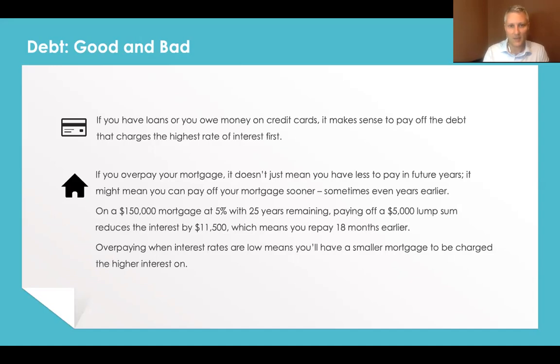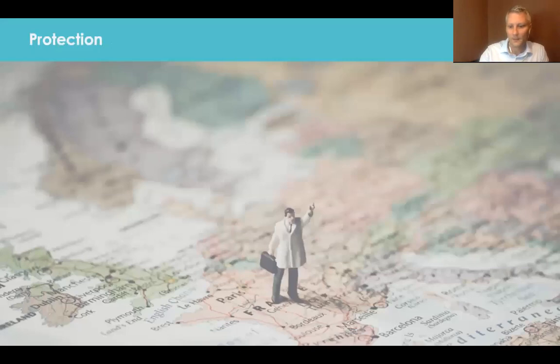You could always overpay your mortgage, just understanding, okay, whether or not that fits in with your desire or your goals. But normally paying off bad debt is important. If you have credit cards as an expat, they give you great miles and they give you great benefits. Just make sure you pay them at the end of the month in order to get the benefits from them.